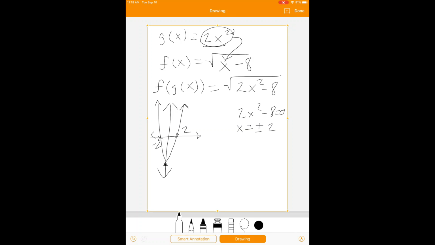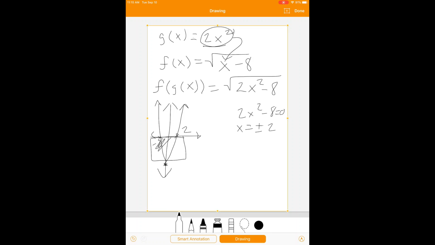With that being said, I can't take the square root of a negative number. So all of these values are going to return negative function values. Meaning if I put in 0, 2 times 0 squared minus 8 would be negative 8. I cannot evaluate this new function when x is equal to 0.